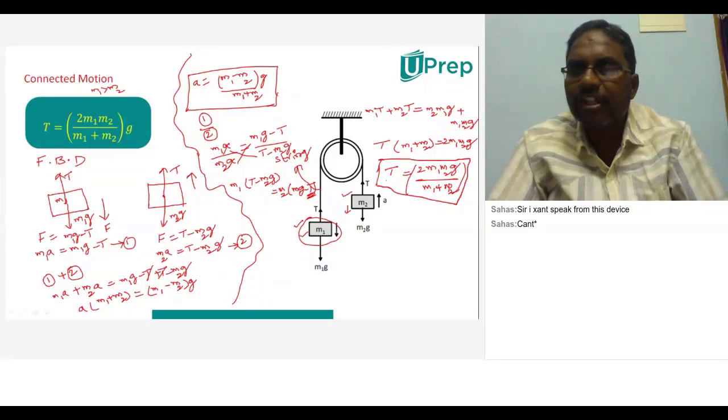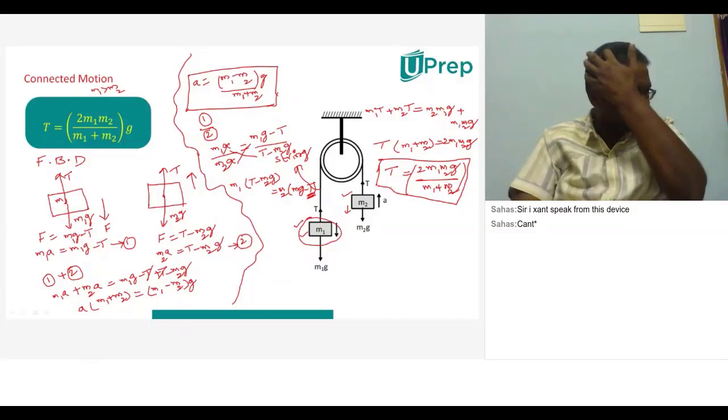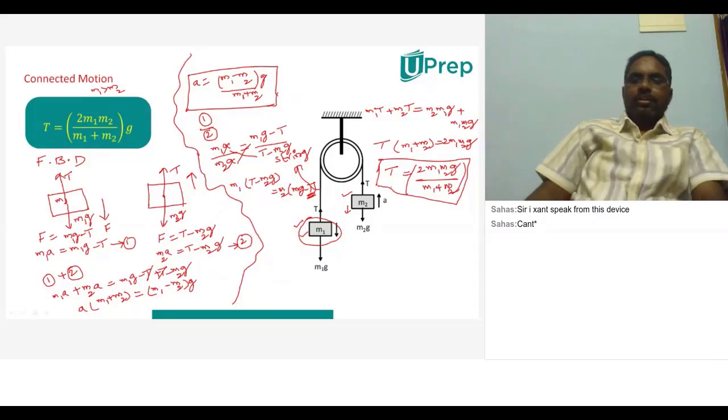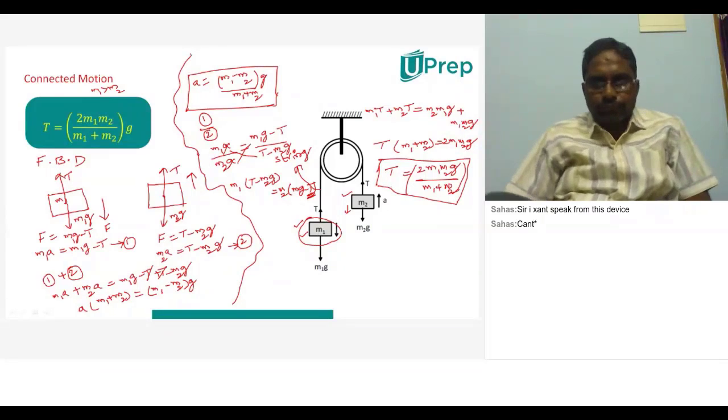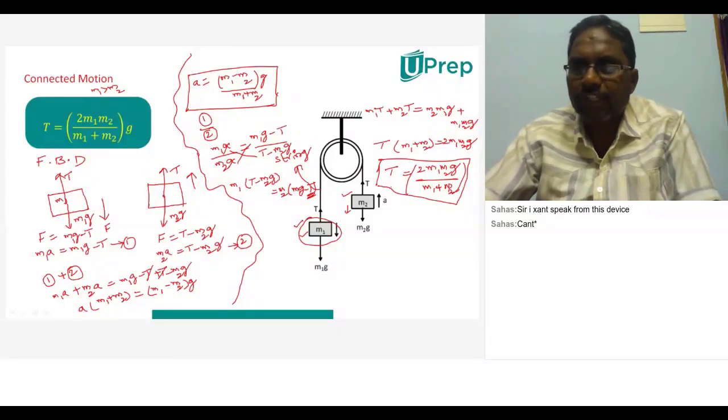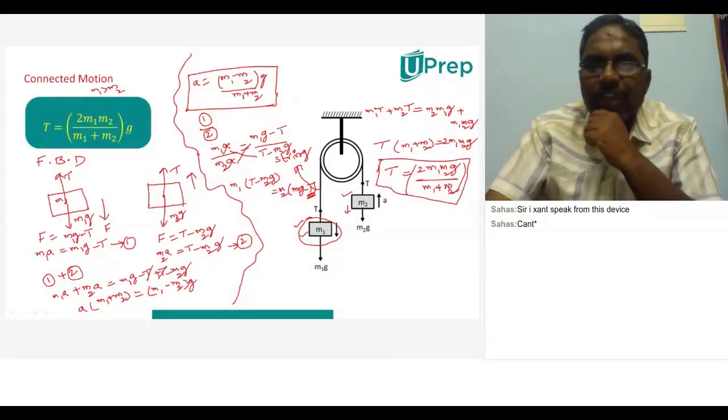Now tell me, did we get a T value or not? Yes, sir. What is the T value? Tell me now. 2M1M2g divided by M1 plus M2. Okay, so 2M1M2g by M1 plus M2.